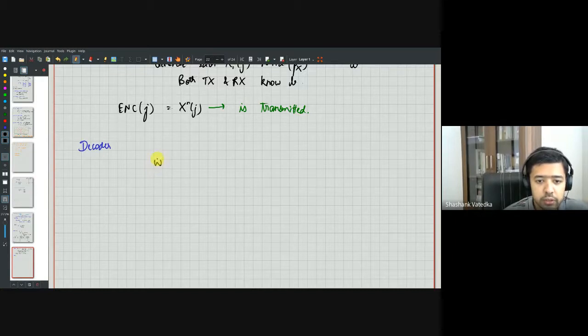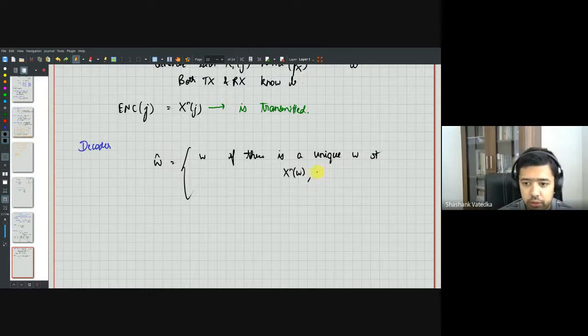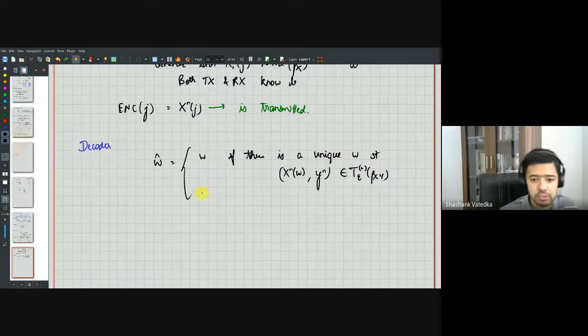You say that W hat, the estimate, is equal to W if there is a unique message W such that x^n(W) is jointly typical with respect to the received sequence, right? Otherwise, you just output the all zeros sequence.